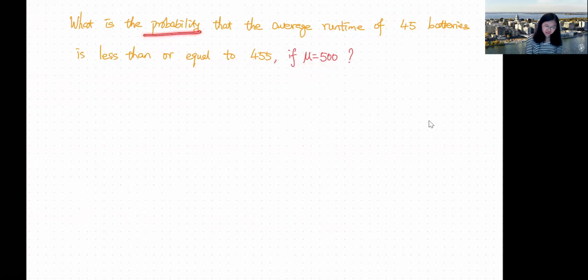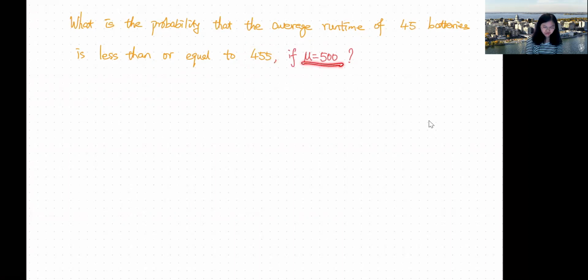Suppose what they claim is true, then what we observe, 455, shouldn't be a too extreme event because we have already observed this event.